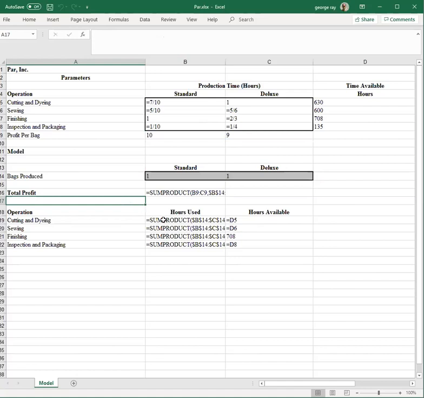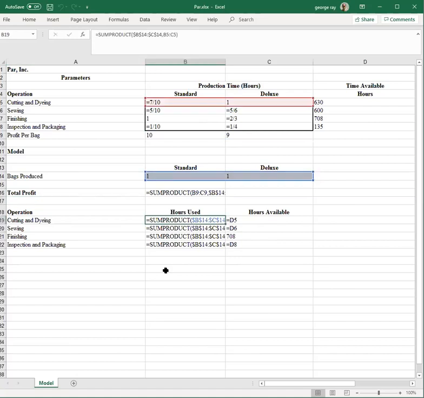Next, let's look at our constraints. So for cutting and dyeing, we're again going to use our decision variables. These are B14 and C14, the number of standard and deluxe bags that we produce. In this case, though, we're going to be multiplying by the number of hours for each type of operation.